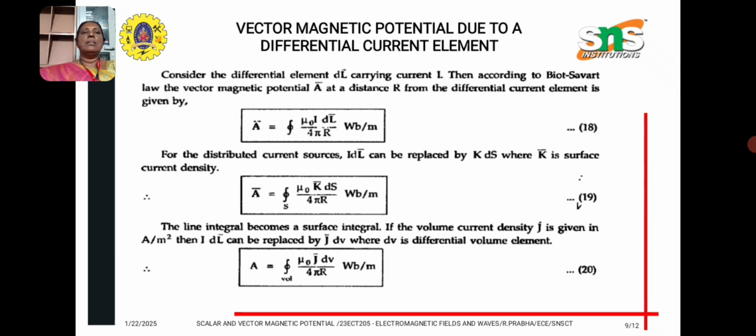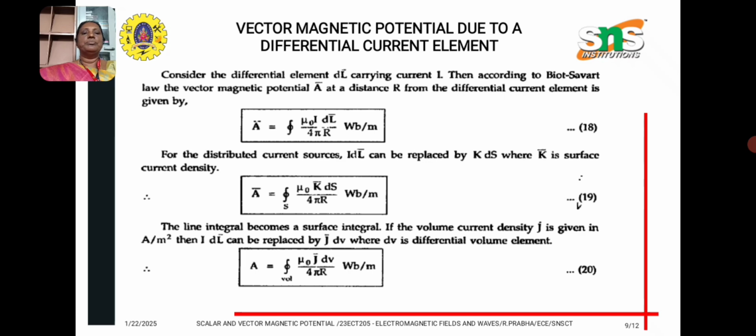Now the vector magnetic potential due to a differential current element: A vector is equal to the integral over the closed path of mu naught I dl vector by 4 pi r Weber per meter. And when this is replaced by K dS for the distributed current element, here K is the current density, we can write the equation as A vector is integral over the surface of mu naught K dS by 4 pi r Weber per meter.